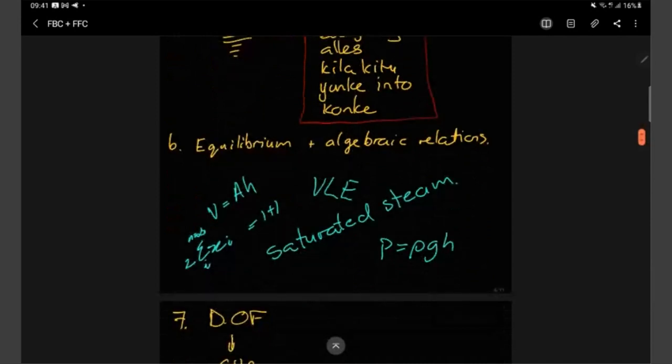Then point number 6, equilibrium and algebraic equations. Which one of the equations or relations that I wrote there is not appropriate to the system, well, not appropriate to this point? Can anyone tell me?